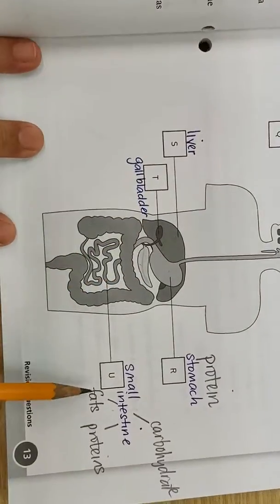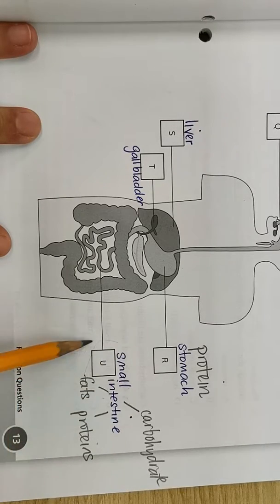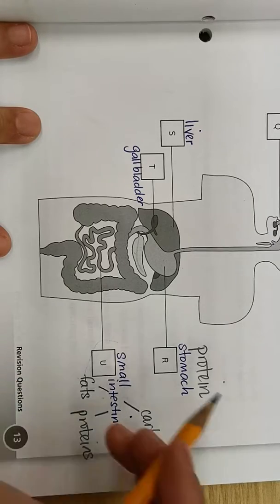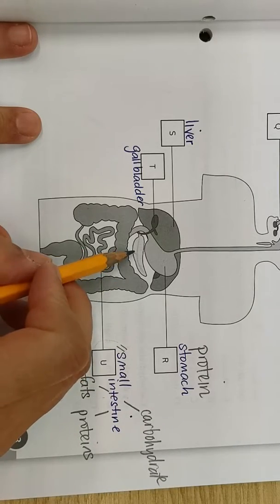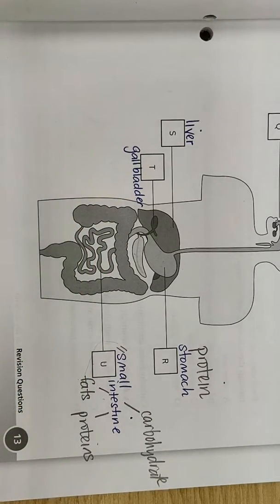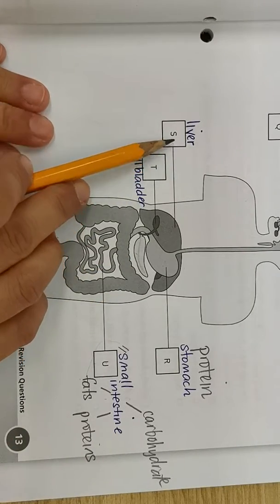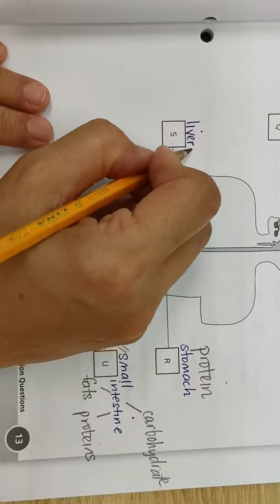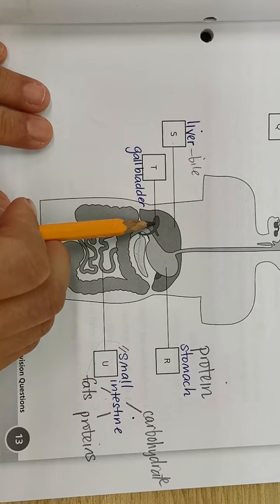If you want to digest fats, it takes place in the small intestines, but the enzymes that are used come from the small intestines as well as the liver that produces the bile. Sorry, this is not the gallbladder. This one produces bile, and then it is stored in the gallbladder.